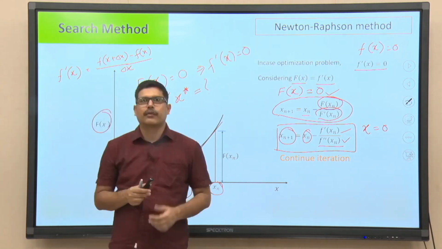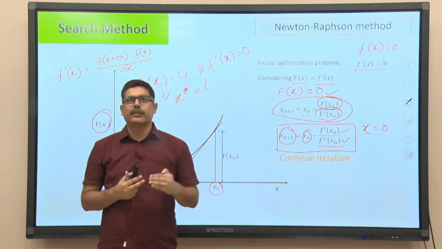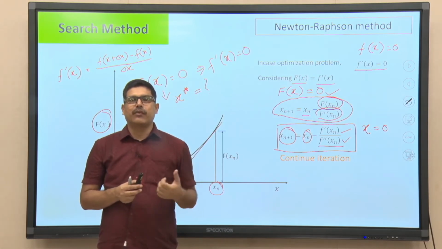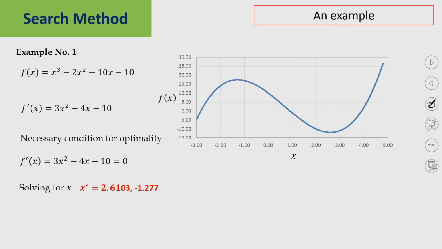Now, let us see some example problems. I will solve a single example problem using different techniques, just to demonstrate how these algorithms work. Let us take this particular function: f of x equals x cube minus twice x square minus 10 x minus 10.